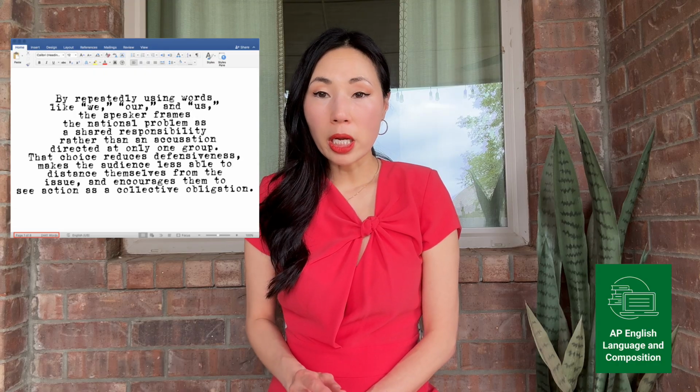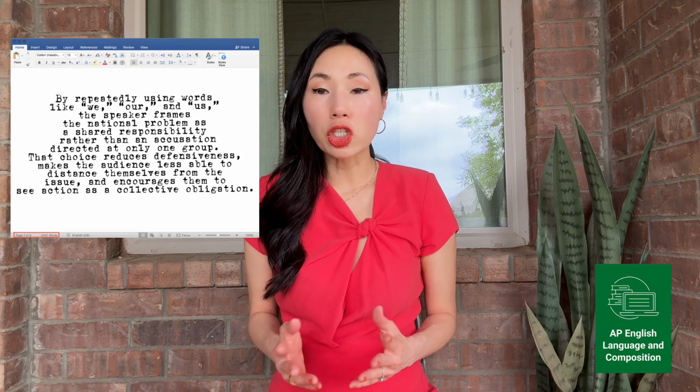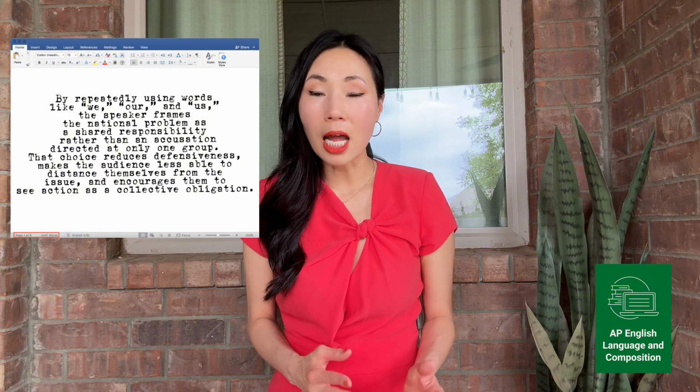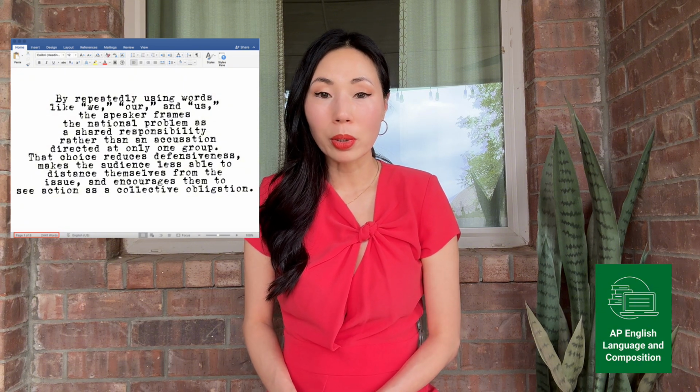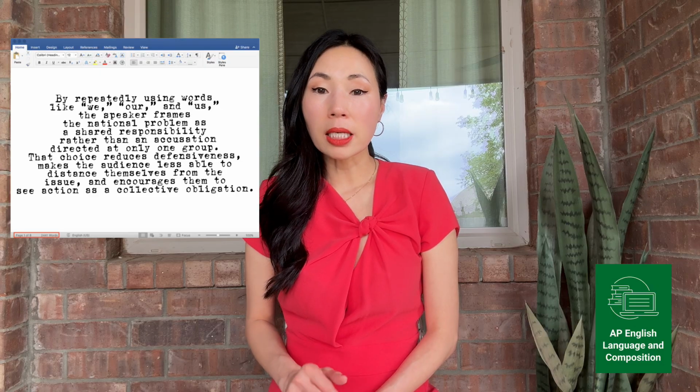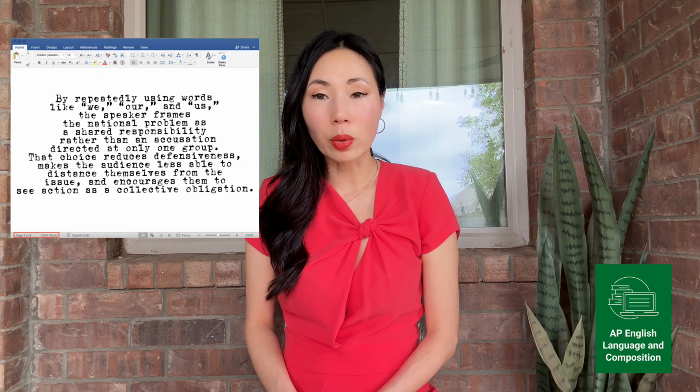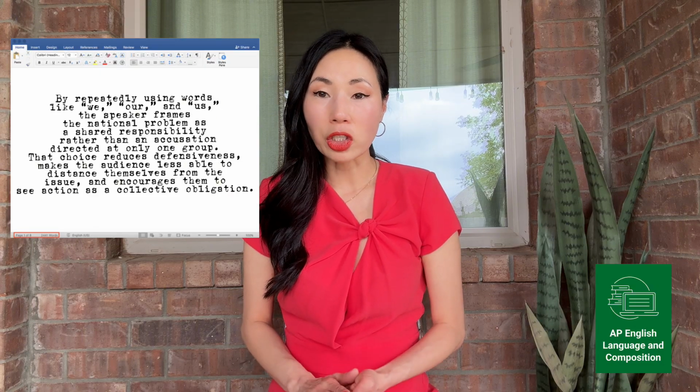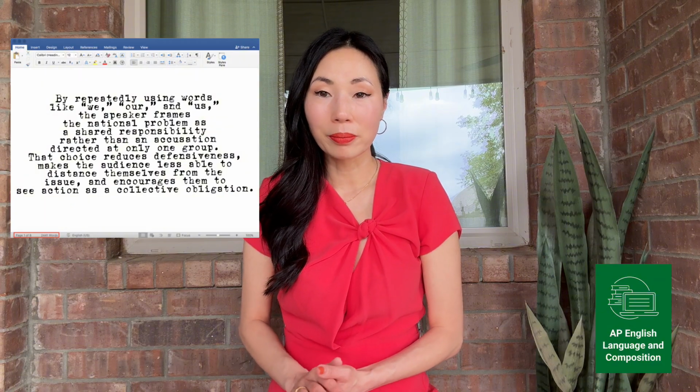So you could write, by repeatedly using words like we, our, and us, the speaker frames the national problem as a shared responsibility rather than an accusation directed at one group. This choice reduces defensiveness, makes the audience less able to distance themselves from the issue, and encourages them to see action as a collective obligation.